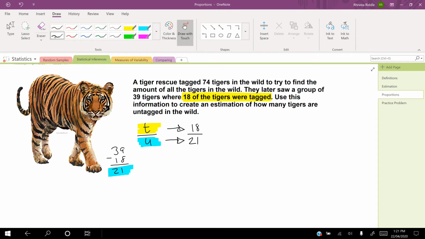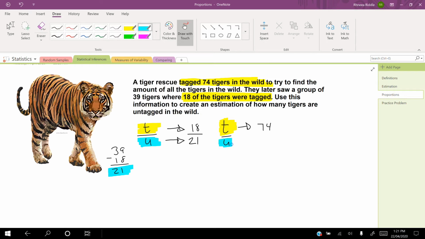So now we are going to use a proportion to try to estimate how many untagged tigers there are in the wild. So again, we're going to do tagged over untagged, and we can see here that it says there are 74 tigers in the wild that they tagged. So we can say there are 74, but it doesn't tell us how many are untagged.